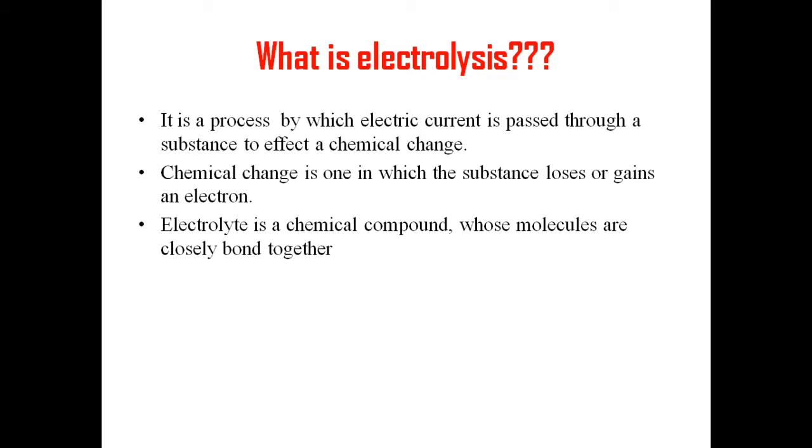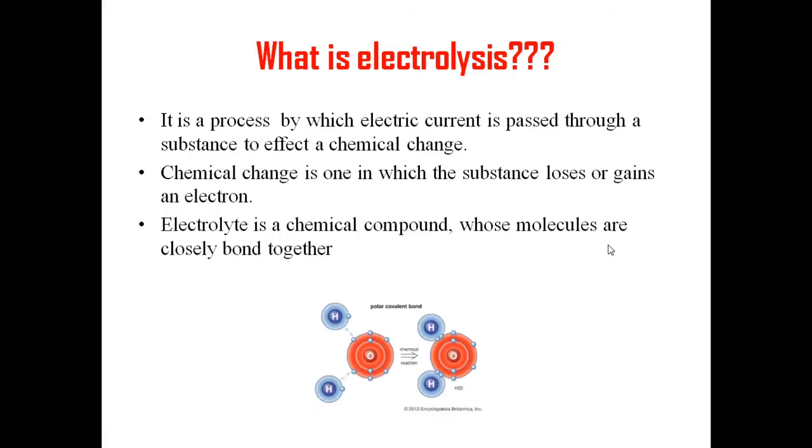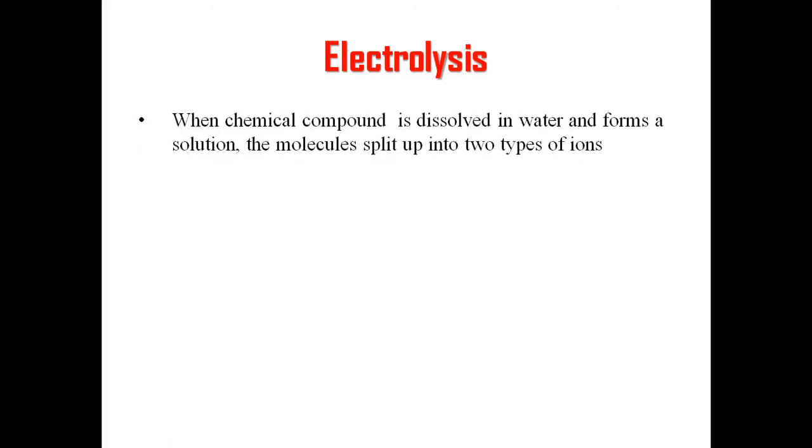An electrolyte is a chemical compound whose molecules are closely bound together. So this is how the molecules will be, closely bound together. But when we dissolve that substance in water and it forms a solution, the molecules split up into two types of ions, positive ions and negative ions.